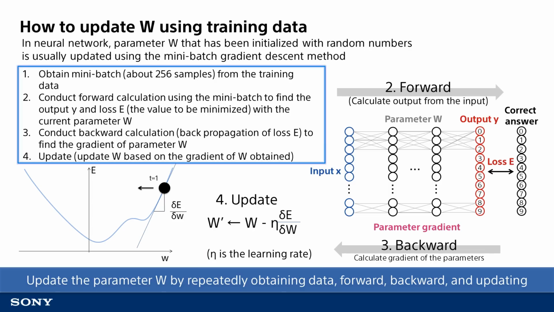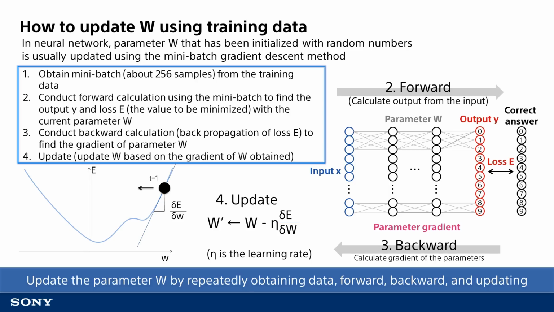In steps 1 through 4, data is acquired from the training data, forward calculation is conducted from left to right, and the loss, which indicates the degree to which calculation was incorrect, is calculated. In the third step, we calculate the gradient of the parameter based on the loss.